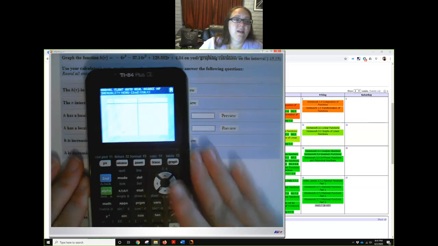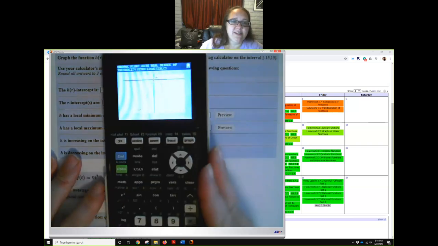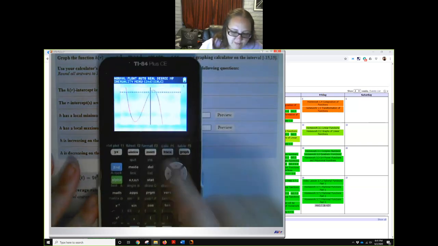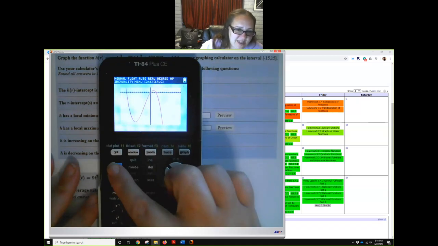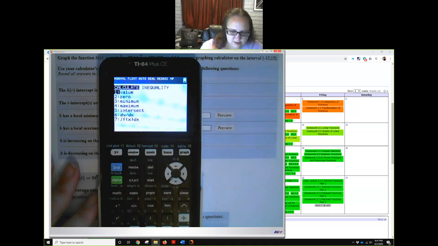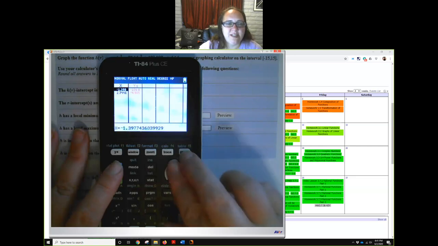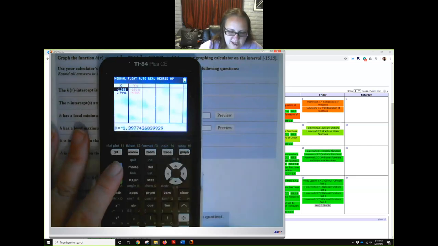So the H of R intercept, that's going to be my Y intercept. If you press second and then calc, you can find a bunch of things here. Now, I'm thinking maybe I went the wrong way for this, because to find my H of R intercept, you can just go to your table and put in 0, because the H of R intercept is where X equals 0.